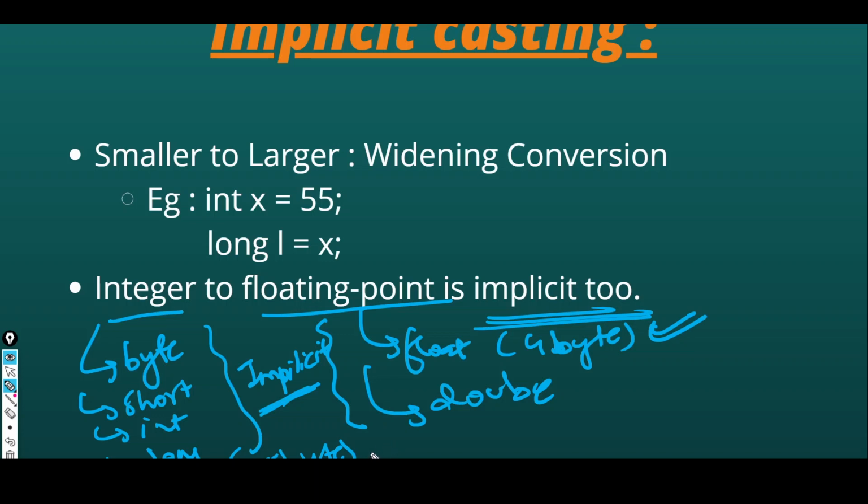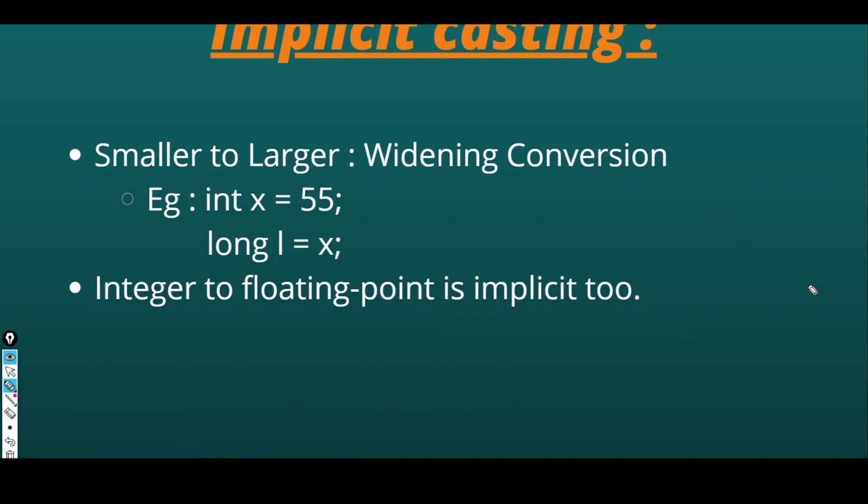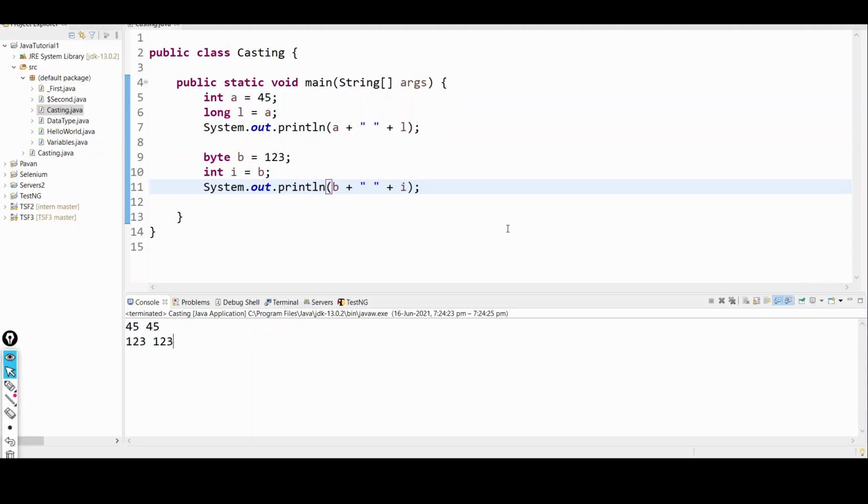So that's the reason why if you try to cast from any integer to floating point numbers, it will always be implicit, that is, it will always be easily carried out, so there is no need to write any extra code. Now let's see this in practical.